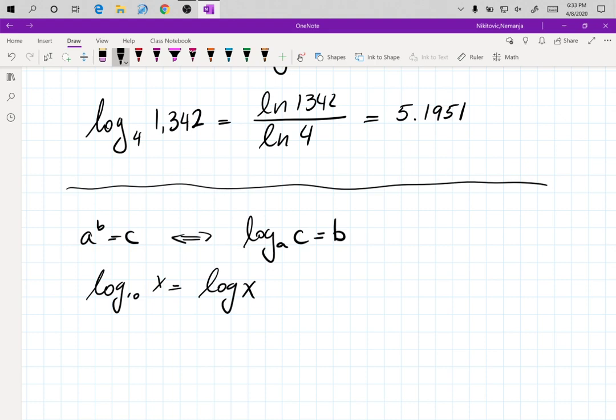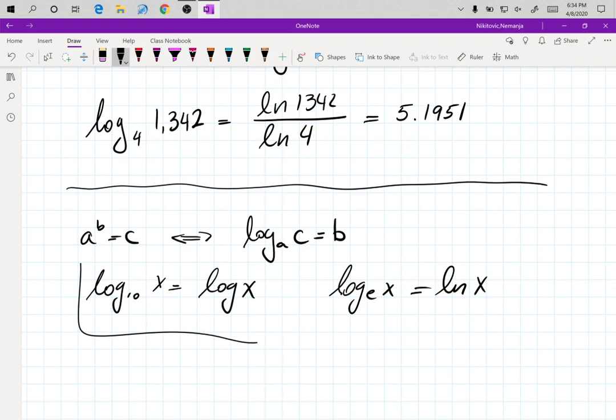And then we also have that log with base e is actually just ln. So you can literally think of these two as a lazy notation, okay? A lazy notation. Why is it a lazy notation? Because it's fewer numbers and letters to write. That's all it is, right?